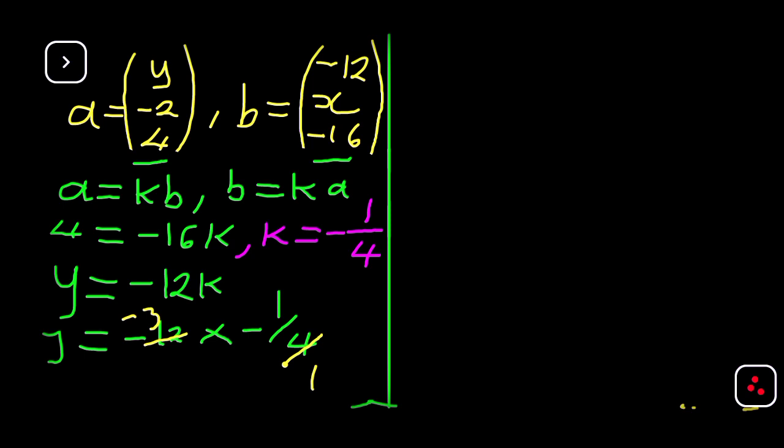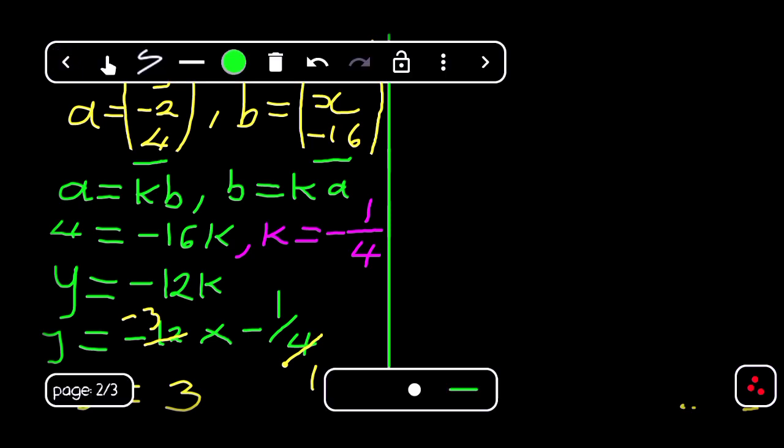So y is equal to negative 3 times negative 1, which will give us 3.